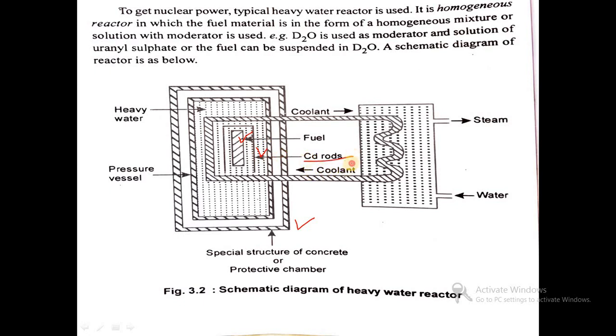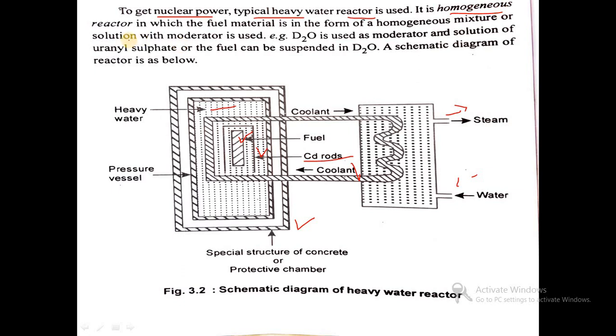Then this is a coolant, deuterated water, then heavy water, then the pressure vessel, then water inlet and outlet, maybe in the form of steam, and coolant circulated surrounding this. So to get nuclear power, a typical heavy water reactor is used.